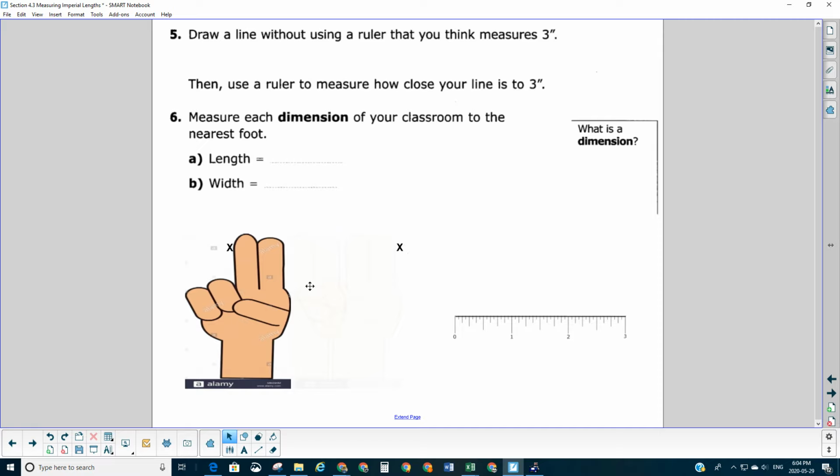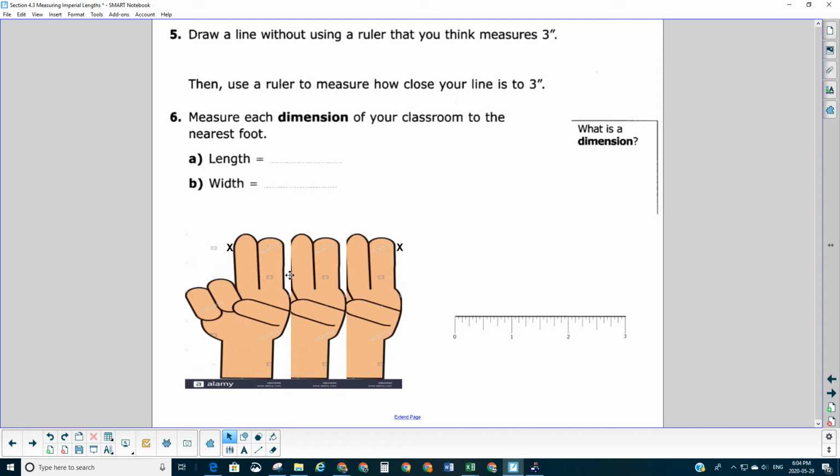Okay, now if I had a bunch of them, there's 1, 2, 3, you could see that. So let me draw a line between those 2 X's and see how I do. So there's my line, and let's actually measure my estimate. Okay, so I'm going to take this, and you'll see that, oh, I'm pretty close. So it looks like I've drawn just a little bit less than 3 inches. That's a pretty good estimate.